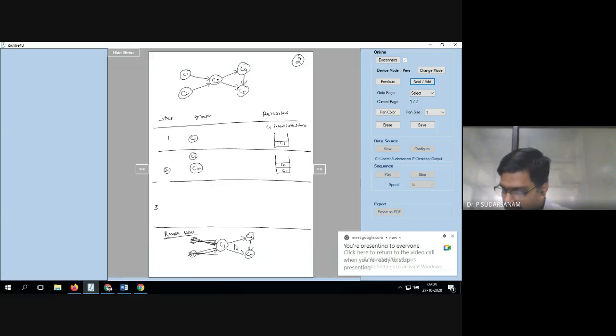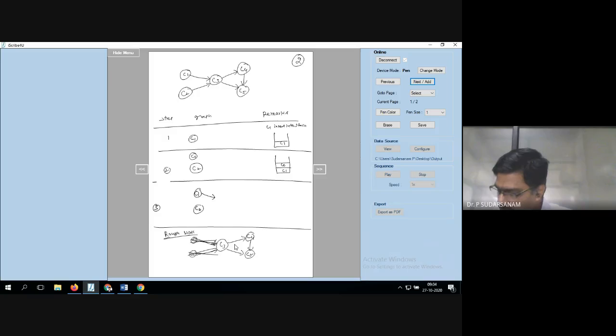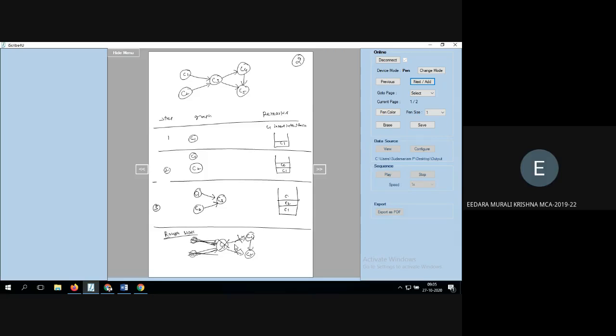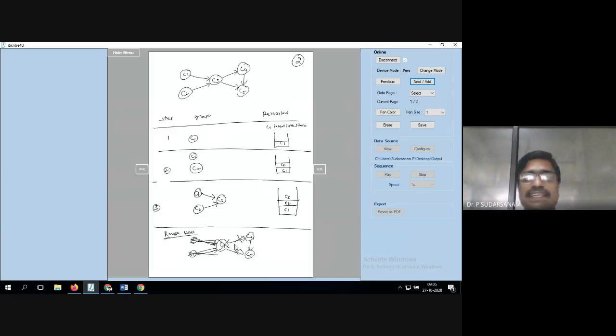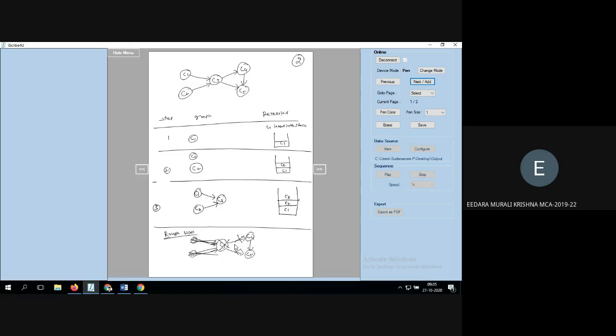Step number 3, you have the C1 graph as it is, C2 and C3. Now assume that C3 is deleted. That means wherever C3 has outgoing edges, those are also deleted now. Now the remaining nodes where you don't have in-degrees are C4 and C5.